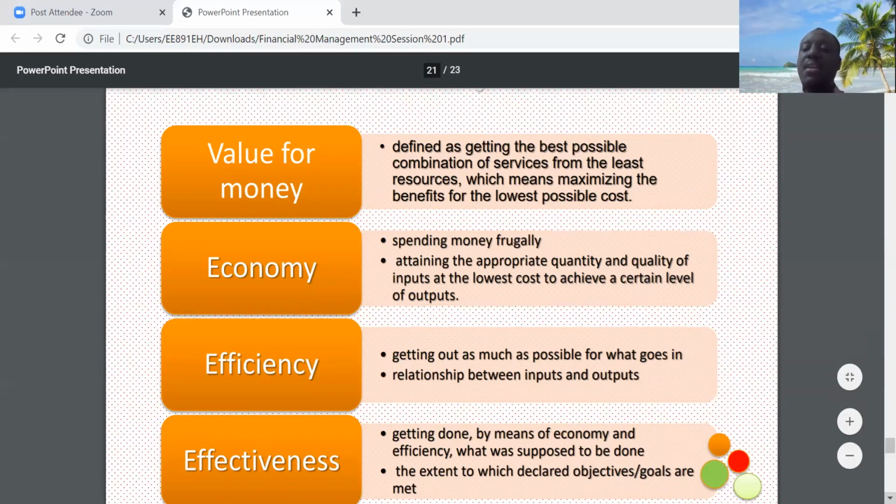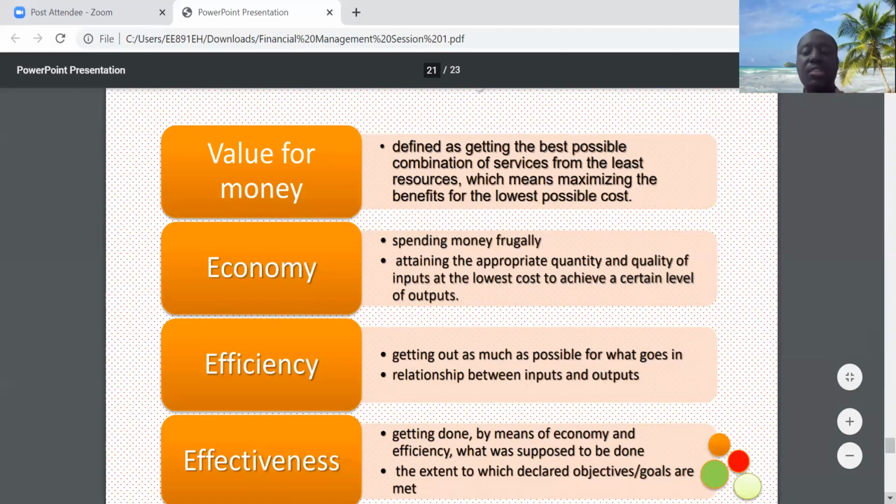Economy means spending money frugally. So you can also explain it as attaining the appropriate quantity and quality of inputs at the lowest cost. So it's all about low cost. Just like the economy section of an airplane, low cost, spending money frugally.